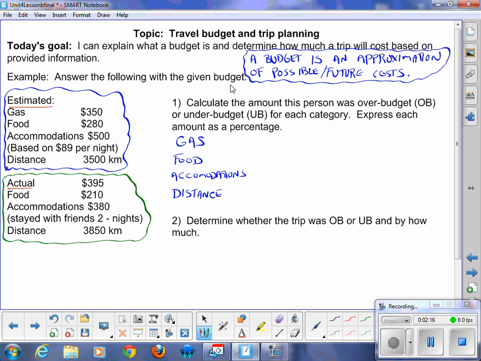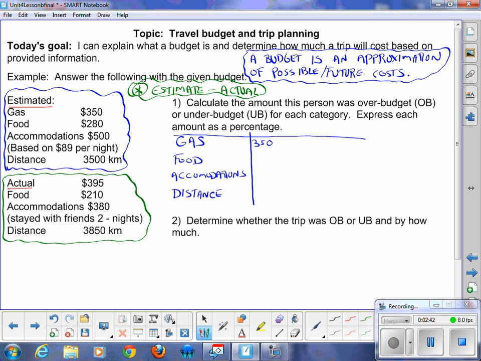I don't have a ton of room here, but for gas we had estimated $350. It's always estimate minus actual. That's the order we always do it in.